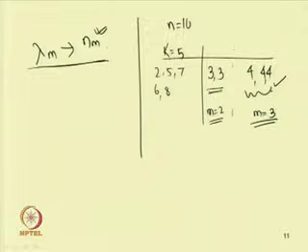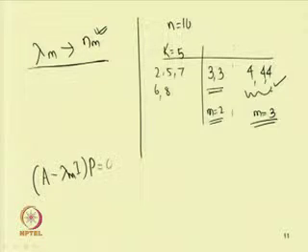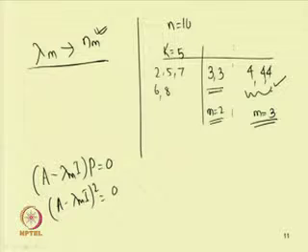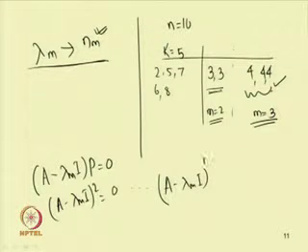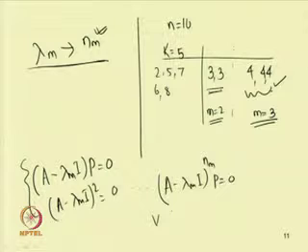These will be the non-zero solutions of A minus lambda m I times p equal to 0, then A minus lambda m I squared times p equal to 0, and similarly continuing up to A minus lambda m I to the power n m times p equal to 0. By solving these equations we can get the corresponding vectors.